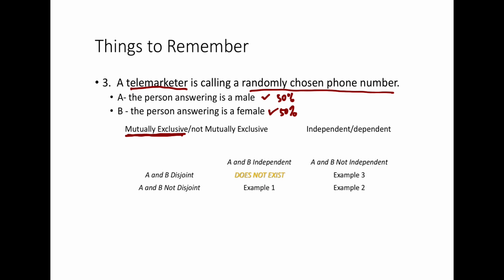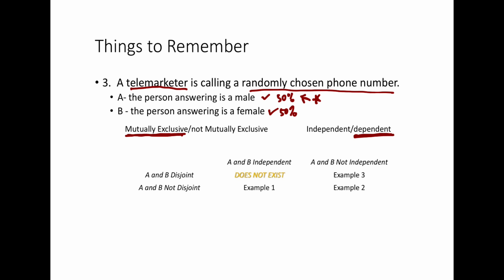And the answer is yes, it does. It changes because if we assume the person answering was male, the probability it's female then goes down to 0 because event A occurred. If the person answering was a male, then event B, that would be a female, goes from being 50% to 0. And so these two are considered dependent events.